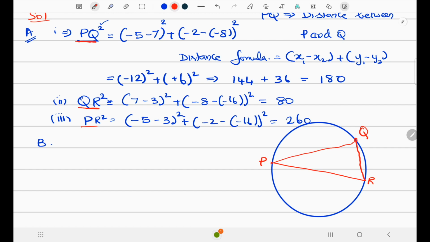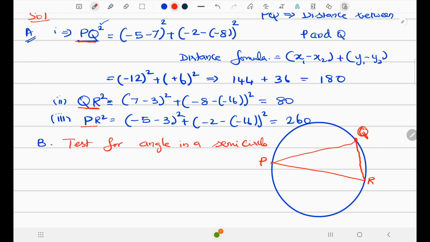We must prove that PR is the diameter and Q lies on the circumference of the circle. Already in the last video we covered the test for angle in a semicircle. What is angle in a semicircle?